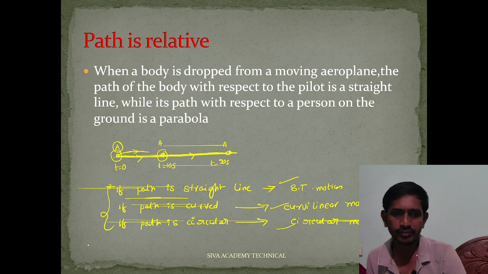Next, path is relative. How can I say that path is relative? I take one example. Take a Cartesian coordinate system with x and y. There is a person traveling in an aeroplane, and another person on the ground.